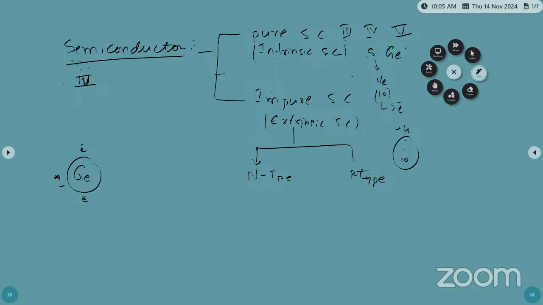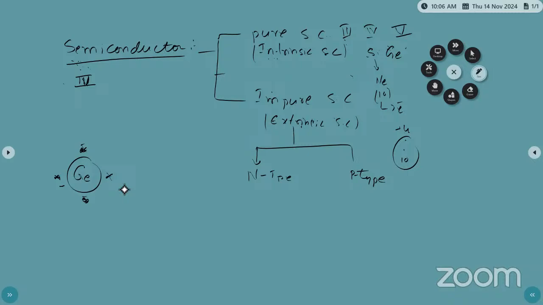Now, in adding the impurities to the pure semiconductors, these 4 valence electrons of germanium are forming covalent bonds with the impurities. What is the impurity? Pentavalent.